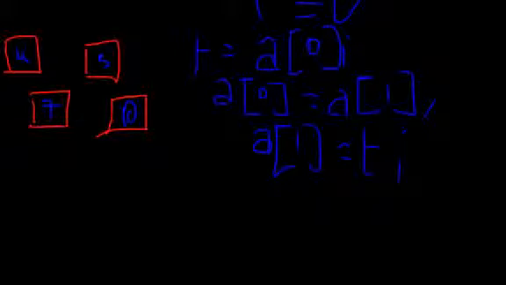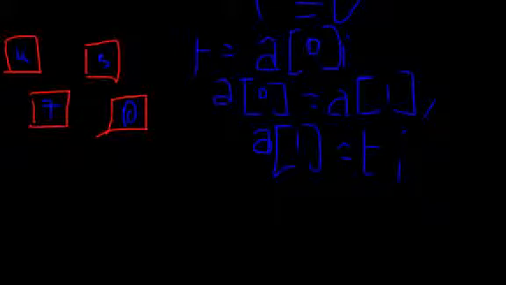So what's happening here? This value of t, first t is equal to 4, right? That's being stored over there. That's the first line. T is equal to 4.